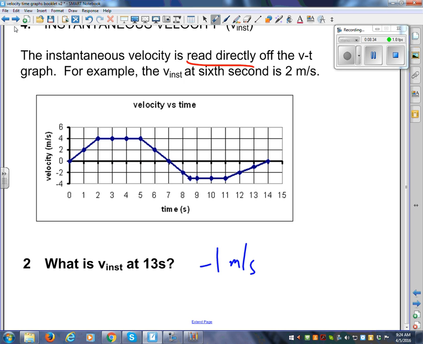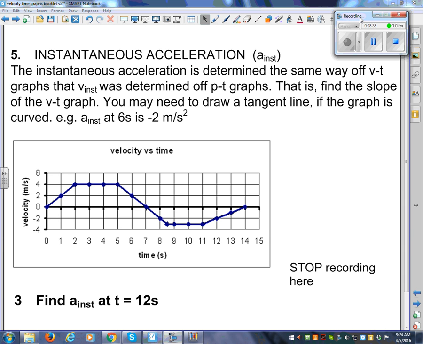Okay, last one, then I'll give you time to work. Instantaneous acceleration. We're talking about a velocity time graph. How do we find acceleration from a velocity time graph? We are talking about the slope, because it's instantaneous acceleration. Therefore, we need to talk about instantaneous slope.